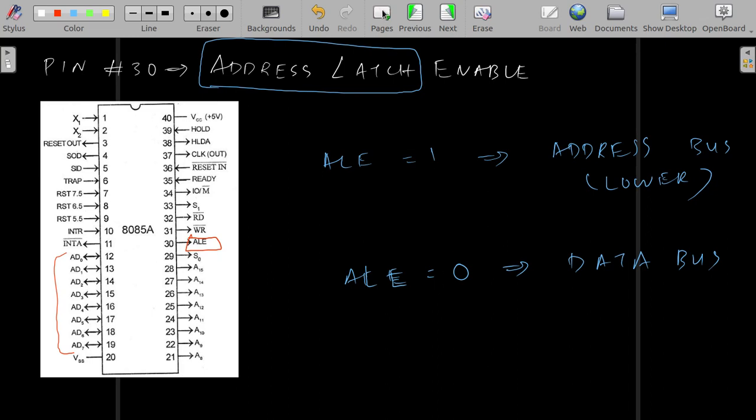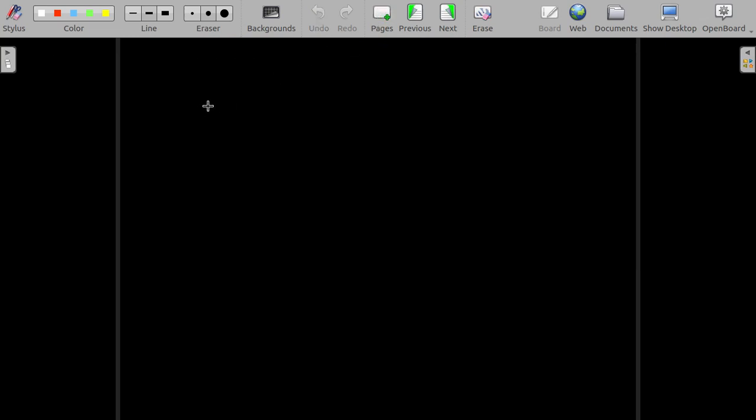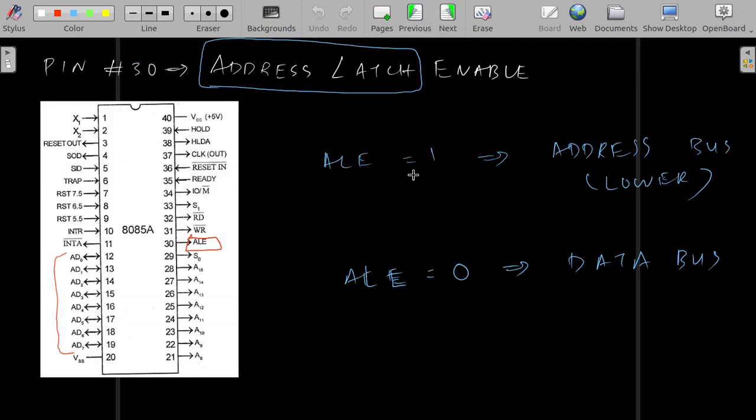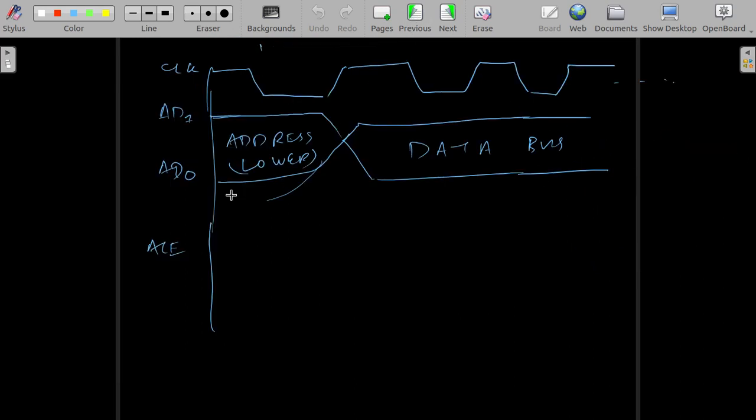So you can think of this like this, or we can use the previous slide, right? If we have our ALE, what is the condition when the lines are address bus? It is 1, it is high, and after it becomes data bus, that is after the first clock cycle, it becomes low.